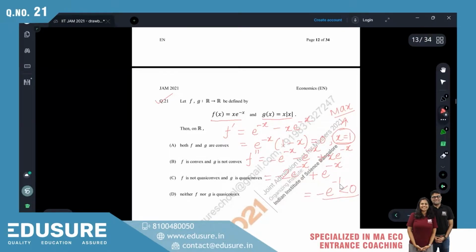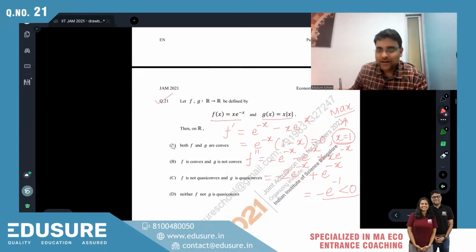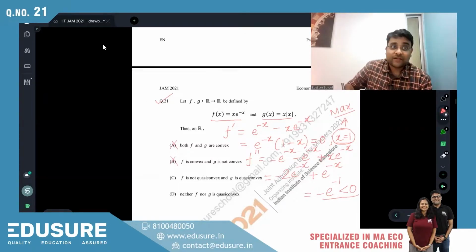Whenever f'' is negative, it is concave, it's not convex. So A and B are definitely out. They are not the answer, 100%. ठीक है, तो ये दोनों तो आंसर नहीं होगा. अब क्वाजी कॉन्वेक्स के बारे में अगर बात करें, क्वाजी कॉन्वेक्स इज व्हाट?